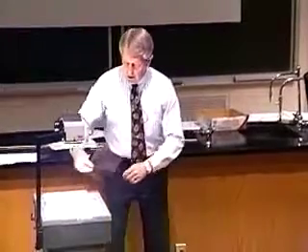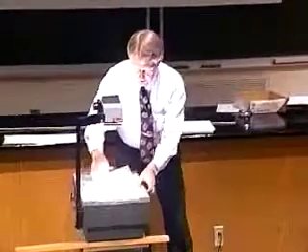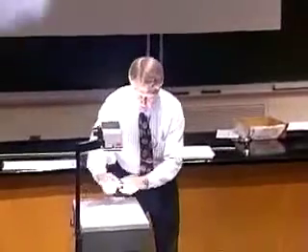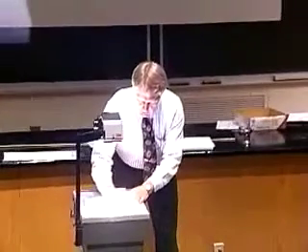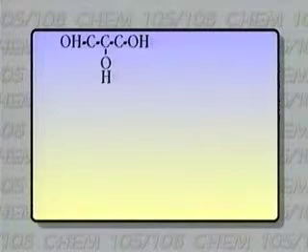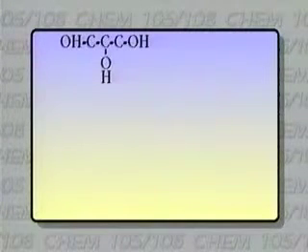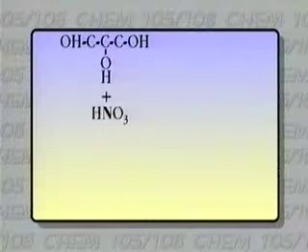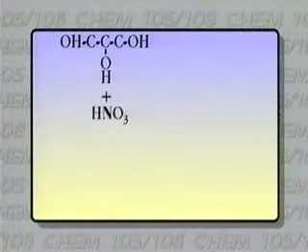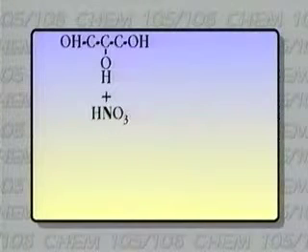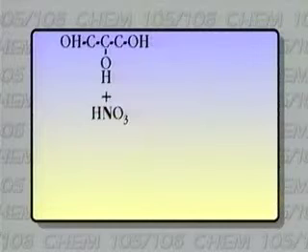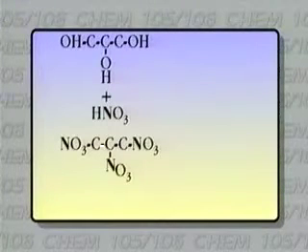Now, glycerol also has another important use, and that is that if we react glycerol or glycerin with nitric acid, we get a reaction where we take off a hydrogen and an oxygen, and we put on 3 NO3 groups.